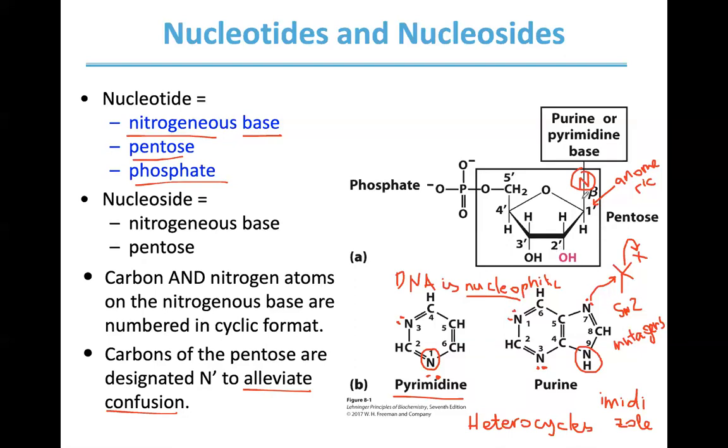Now, as far as the anomeric position, tell me if this is a beta anomer or alpha anomer. Remember anomers? How do you tell if it's beta or alpha? Beta if it's cis, and alpha if it's trans.